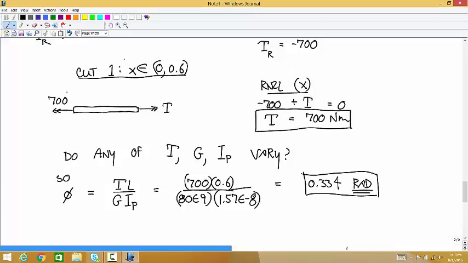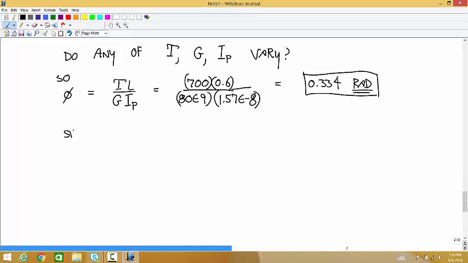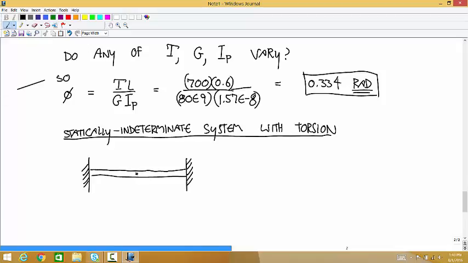Okay, so now let's use that in a statically indeterminate system with torsion. Okay, so let's say that you have a bar fixed between two supports. And at the center, there's a torque applied.